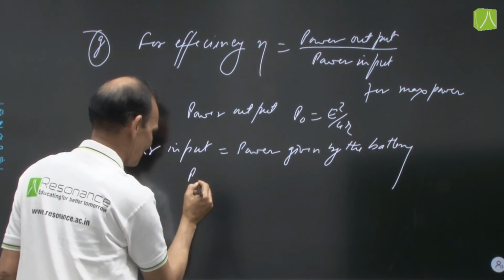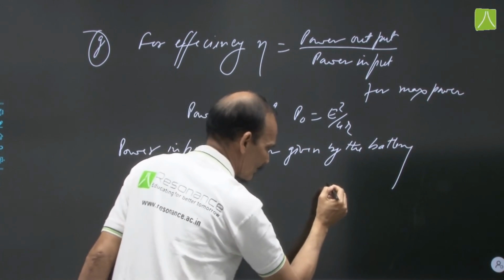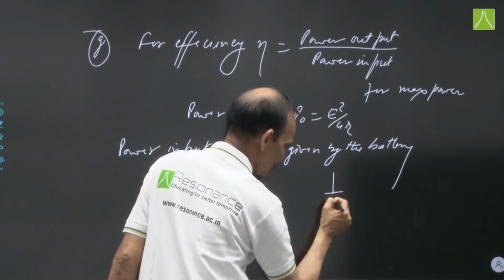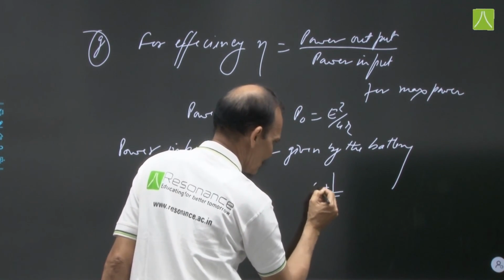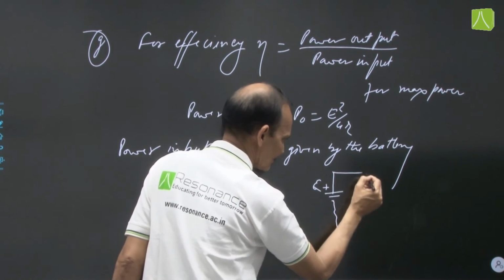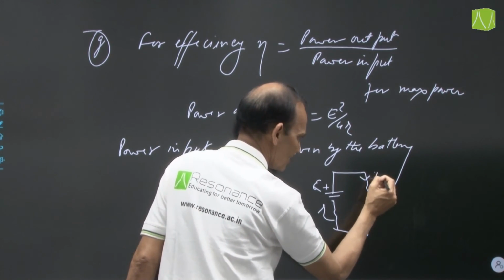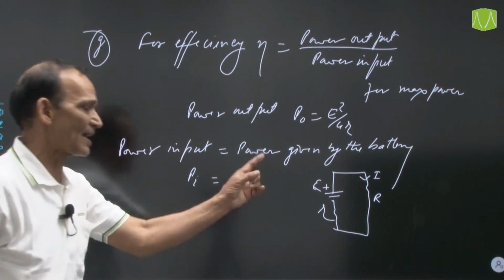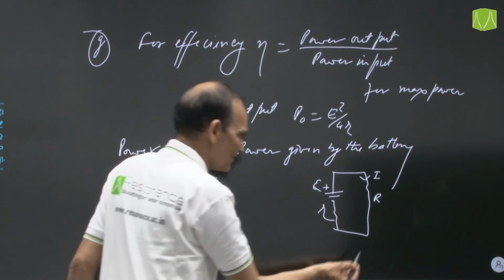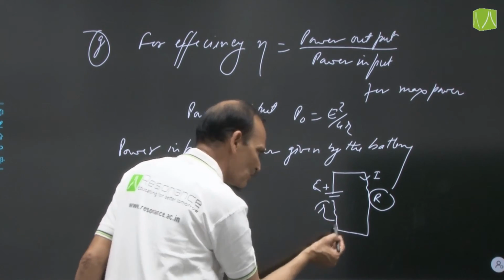Pi is equal to, now think about the battery, plus minus E, it is r, it is capital R, it is I. But for maximum power small r and capital R are equal, so power will be consumed at capital R and also at small r.